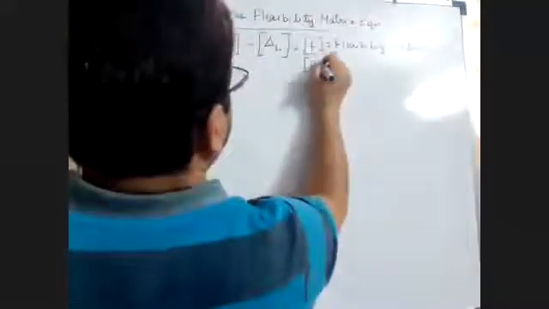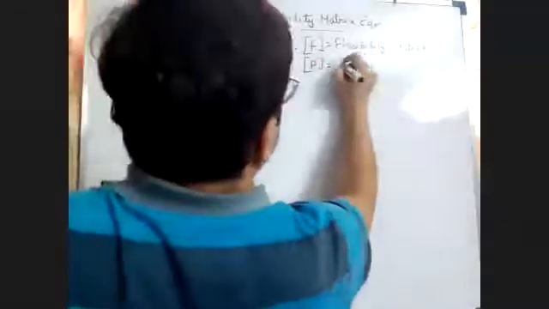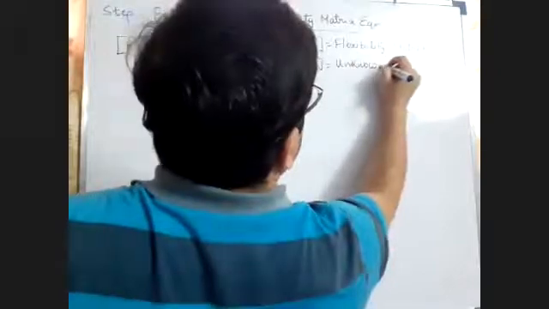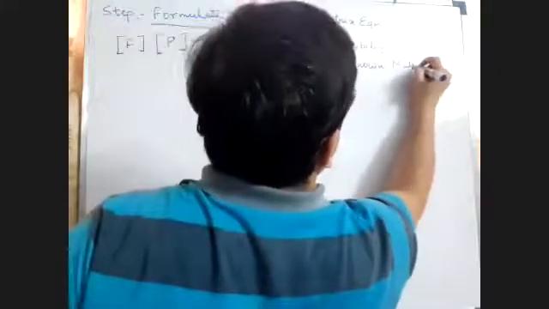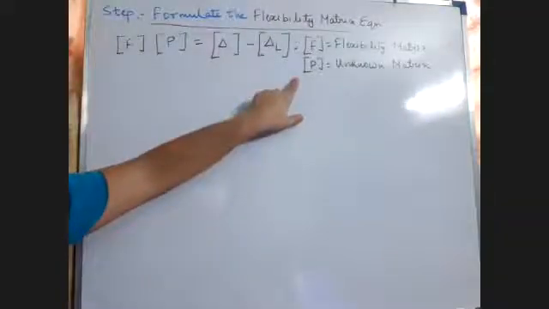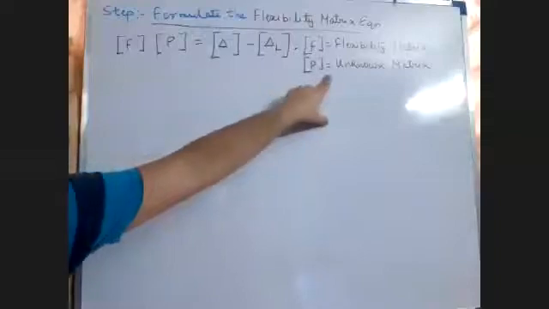What is the P matrix? The P matrix is the unknown matrix. That means the P matrix is the matrix where the unknown parameters will be placed.